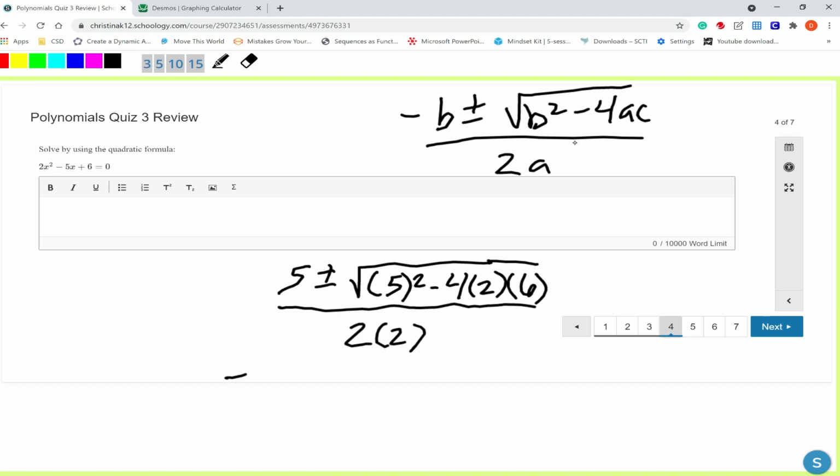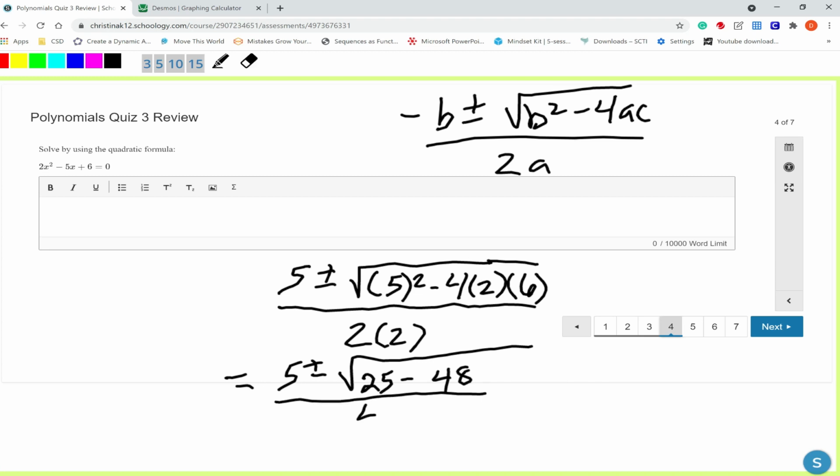Now we just simplify. 5 plus or minus square root, 5 squared is 25, minus 4 times 2, which is 8, times 6 is 48. All this over 4.